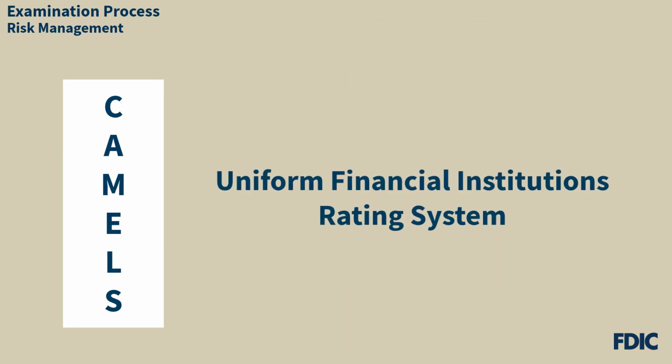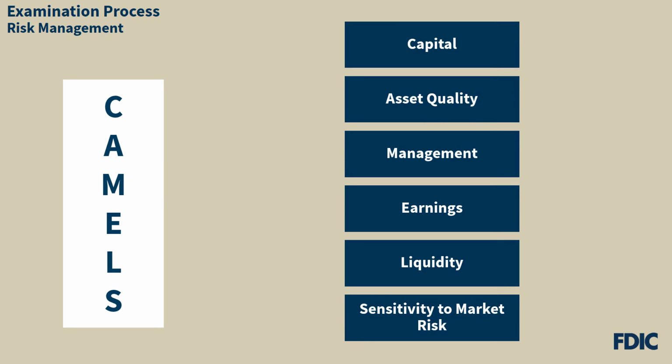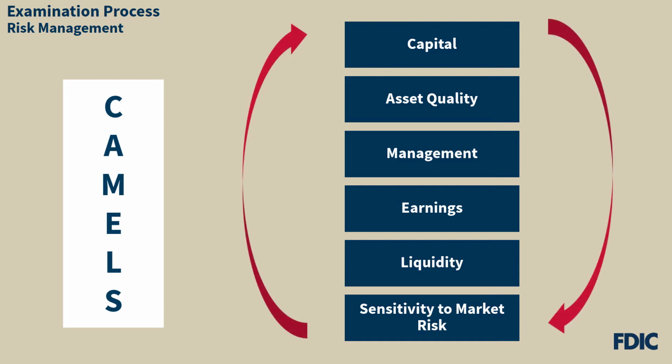CAMELS components are assessed and rated using the Uniform Financial Institutions Rating System, which is a standardized rating system for the CAMELS adopted jointly by the federal bank regulatory agencies. As part of the exam, a rating is assigned to each component. Examiners will communicate with one another about the findings from the component reviews, because findings involving one CAMELS component can impact the assessment of the other components.